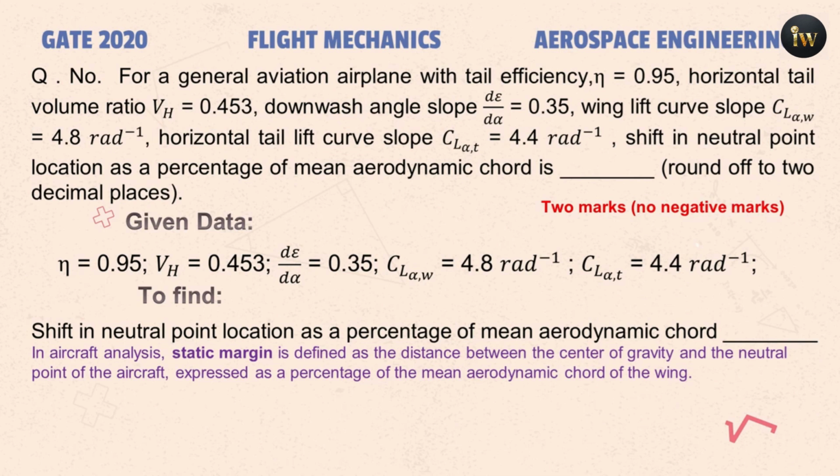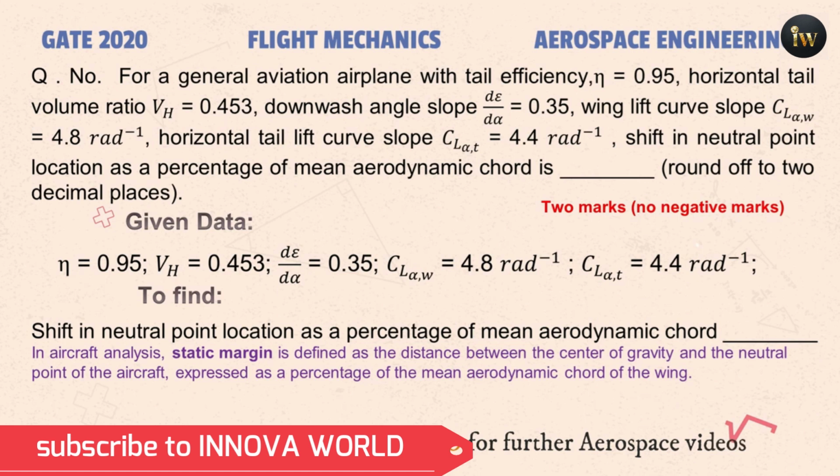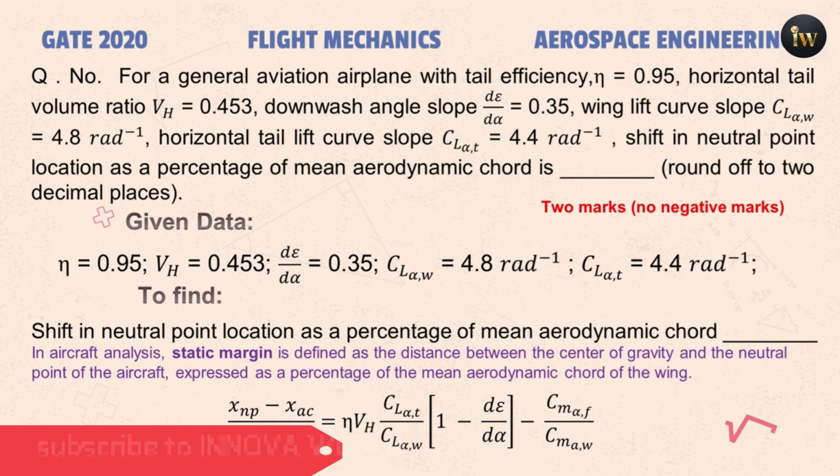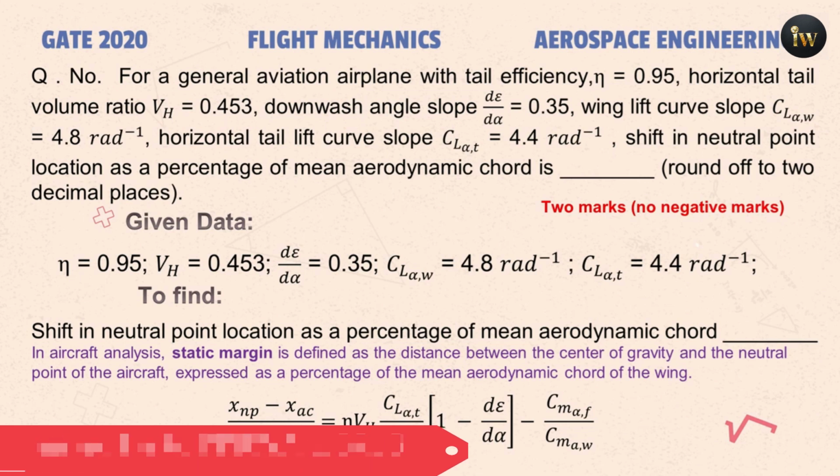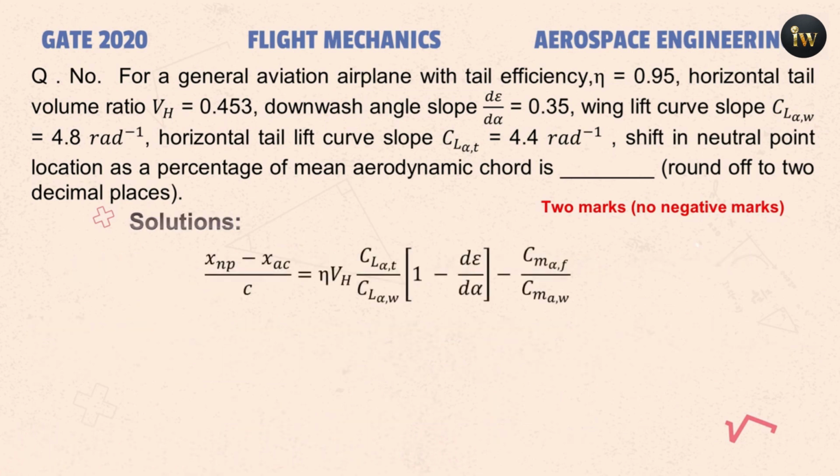So first let's recall the formula for the static margin, that is x bar NP, that is neutral point, minus x bar AC, that is aerodynamic center, divided by the chord, equals eta VH CL alpha T by CL alpha W times 1 minus d epsilon by d alpha, minus Cm alpha F by Cm alpha W. Since they have not given any value for the fuselage, we can simply ignore that term.